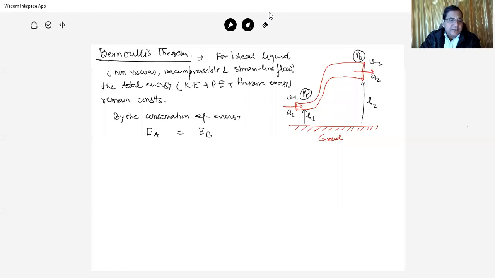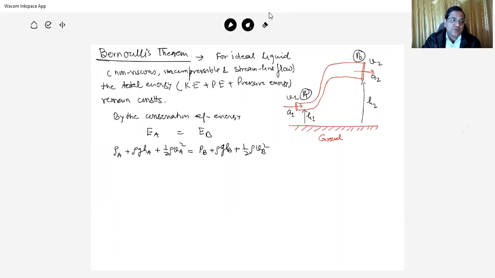So EA is the energy that is PA plus rho g hA plus 1/2 rho vA square, equal to PB plus rho g hB plus 1/2 rho vB square.